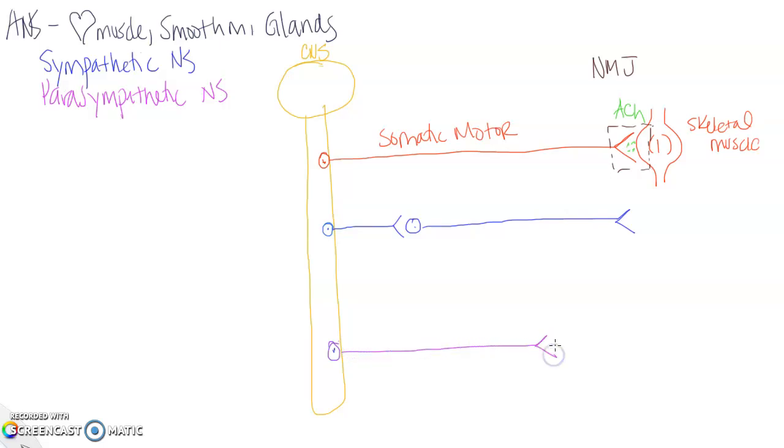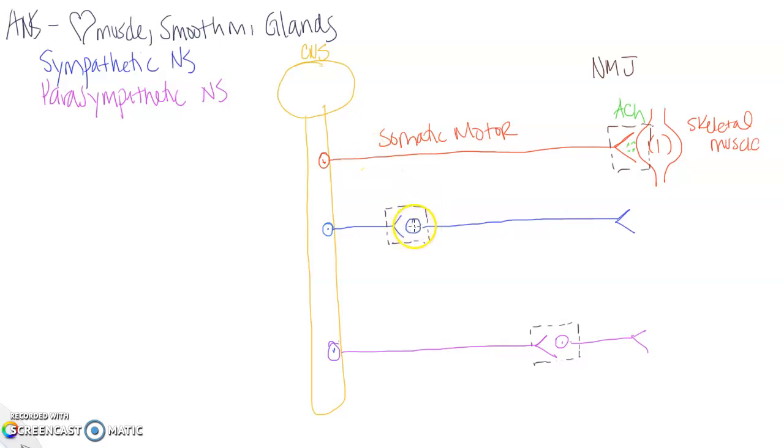They do look a little different, or I'm drawing them different specifically. There's a reason for the way I'm drawing it, okay? So right in this area, on both, where the synapse occurs between the first and the second neuron, is a ganglia.